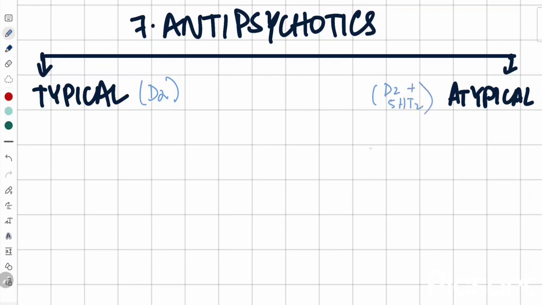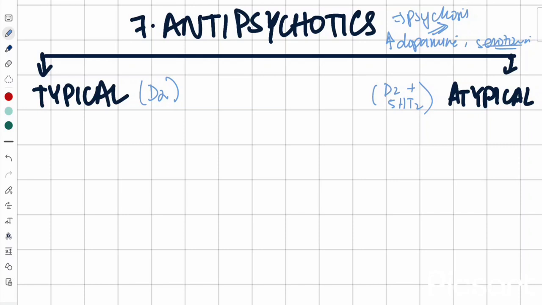Now, of course, when you talk about psychosis, it is said that psychosis is because of high dopamine, as in schizophrenia. So we need to decrease dopamine. But recent studies also show there are links with serotonin. So there is actually a chemical imbalance that causes psychosis.